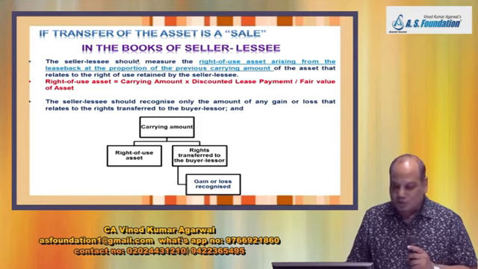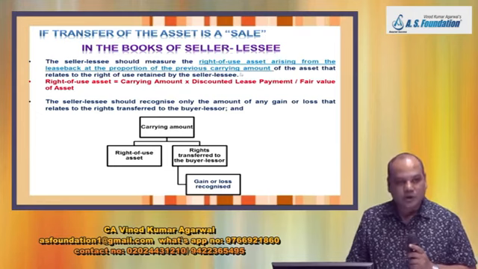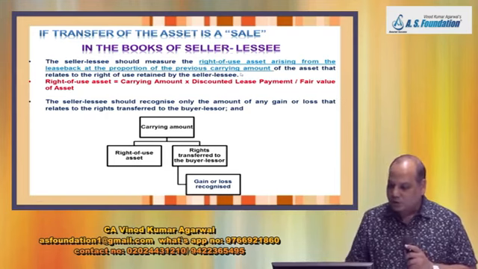Seller should measure the right of use asset at the proportion of the previous carrying amount that relates to the right of use retained by the seller lessee. Now how do you compute it?